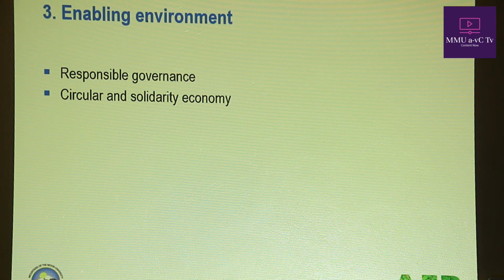Then the enabling environment, we are looking at the governance and the circular and solidarity economy, that for sustainability, we do not have to have resources allocated to one top end, and then we forget about the majority of the farmers. So have a meaningful price for a product such that the producer is encouraged to continue in the production.